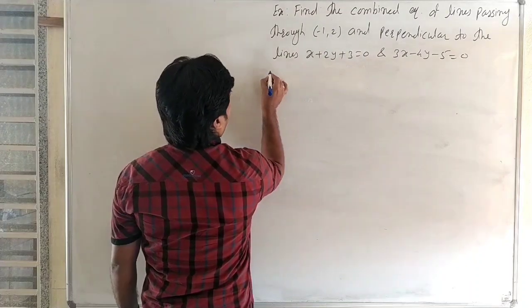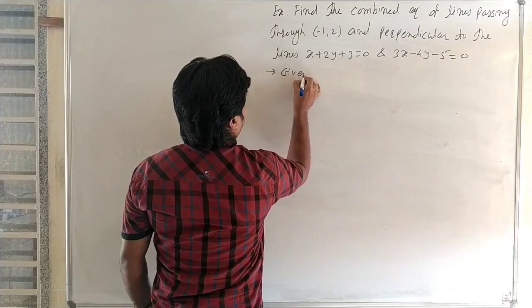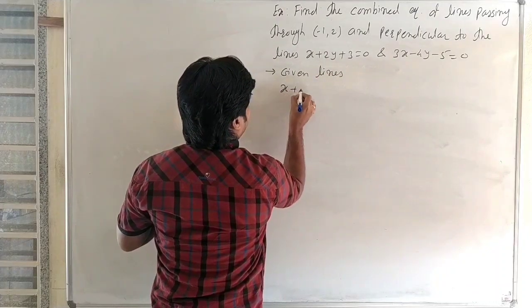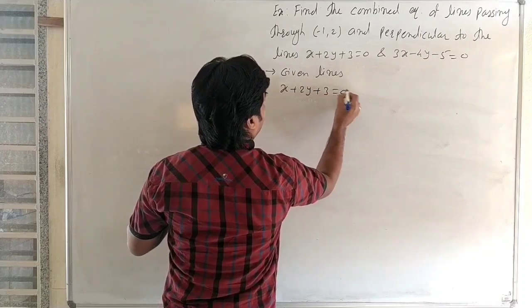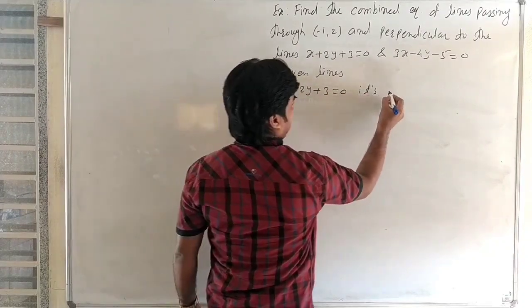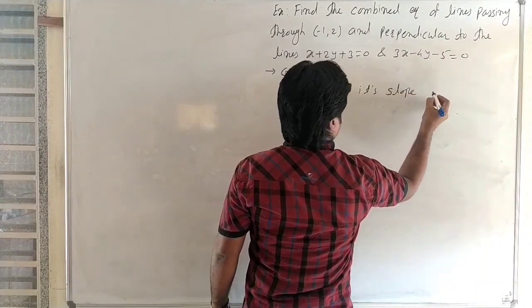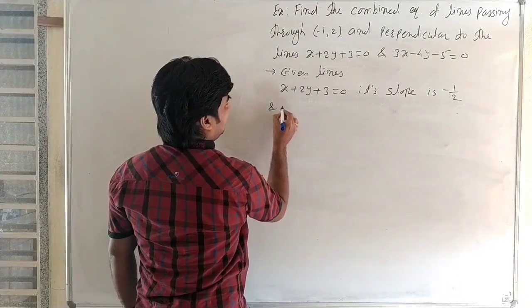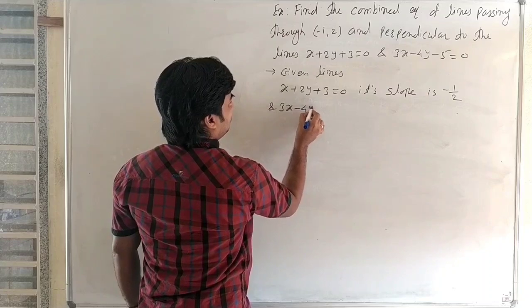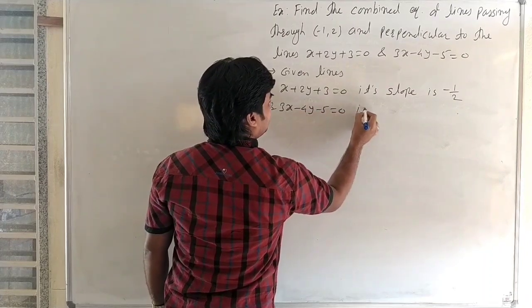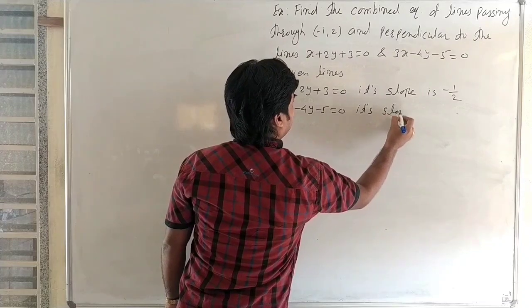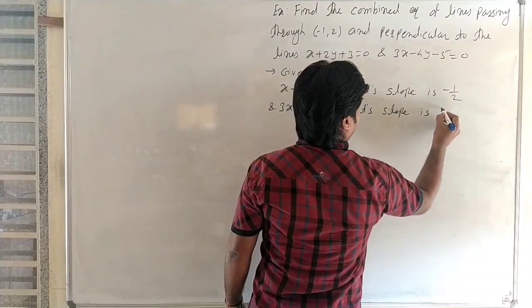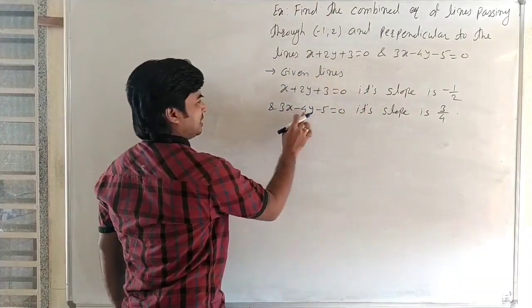Here, the given line x + 2y + 3 = 0 has slope -1/2, and the second line 3x - 4y - 5 = 0 has slope -3/-4, that means 3/4.